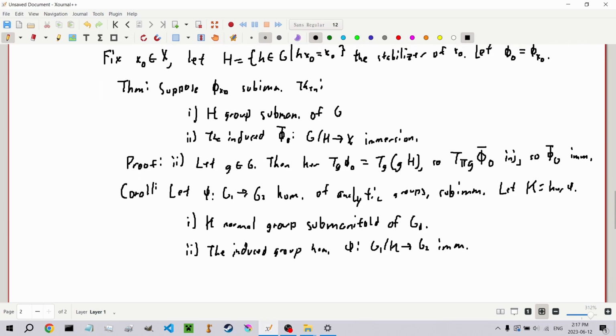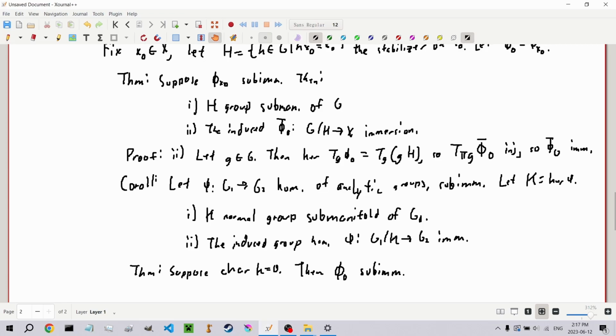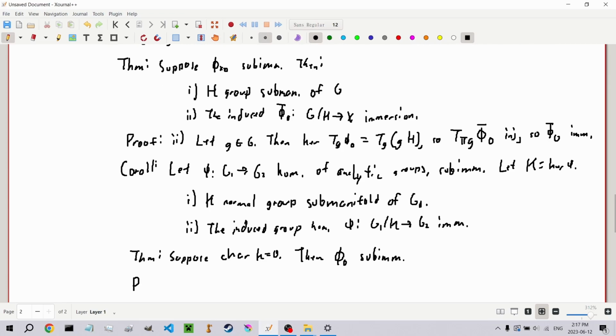Brings us to another theorem. Suppose that the characteristic of k is 0. Then phi naught is a subimmersion. Let's look at the proof.